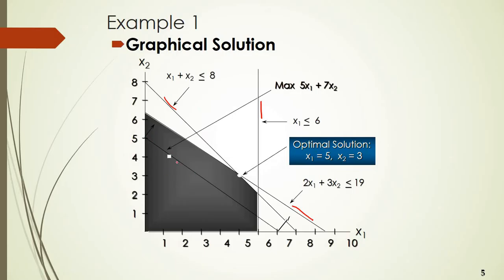This line here represents the graphical solution of our objective function, which is the maximum 5x sub 1 plus 7x sub 2. But we could observe here that we have our optimal solution, which is x sub 1 equal to 5 and x sub 2 equal to 3.